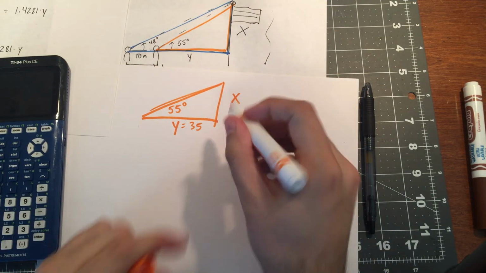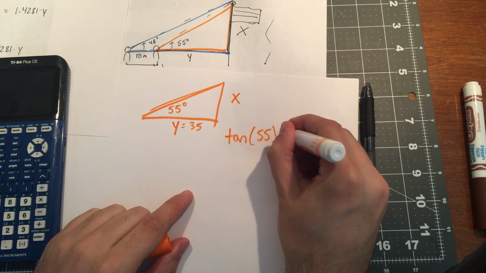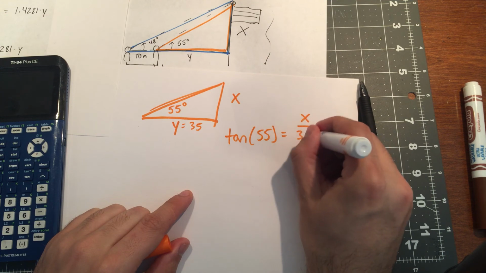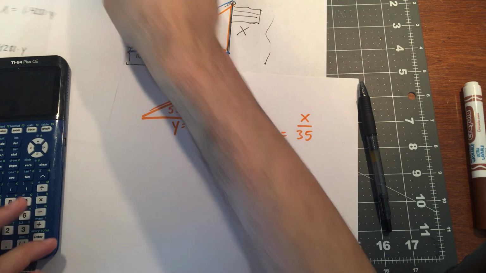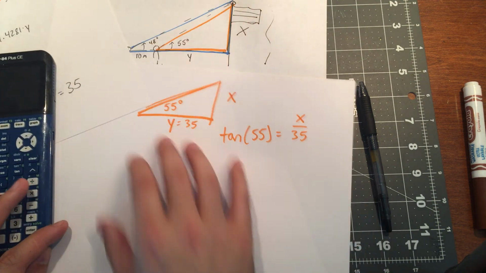And I'll solve our final problem to get an answer. Tangent of 55 equals opposite over adjacent, x over 35. We've already written this before. We did it earlier up here when we did not know what y is.